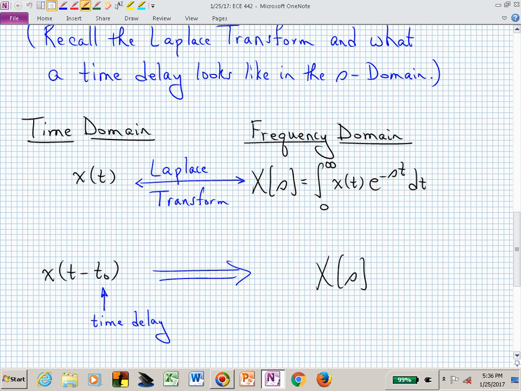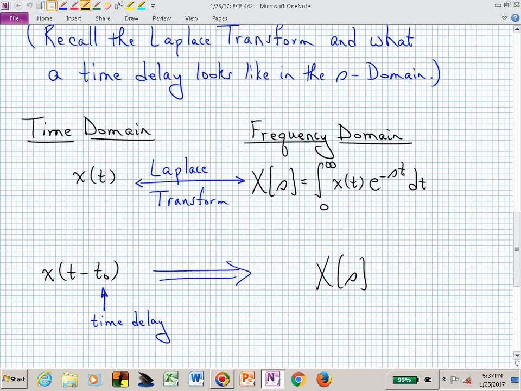What did we say t naught was? It's a constant. And we're integrating with respect to t. That constant, e to the minus s t naught, is a constant. We can factor that out of that integral. And then we're essentially left with what we started with, capital X of S.